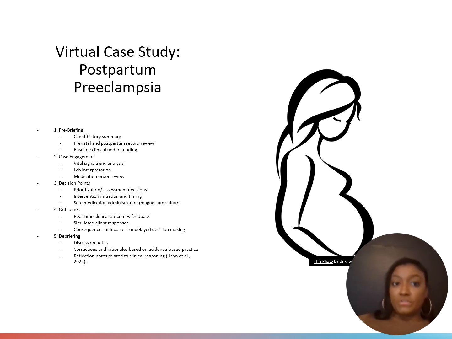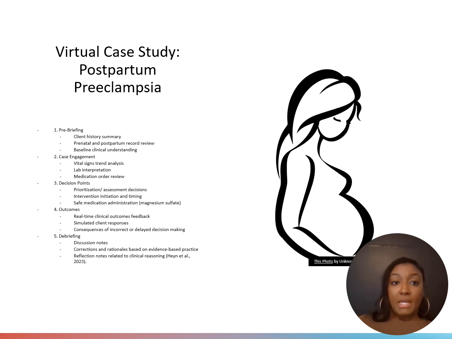This would then shift into our decision points where the student would make decisions and those decisions would have consequences. So, branching prompts would ask students to prioritize assessments, initiate interventions, notify the provider, and also administer IV magnesium sulfate in a safe manner.